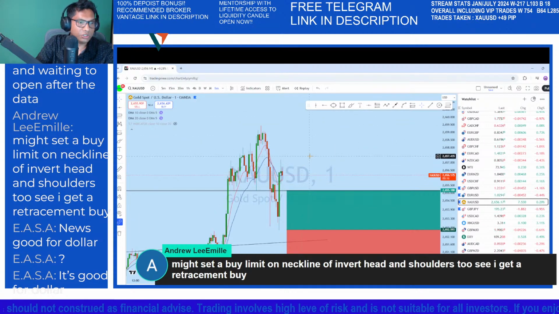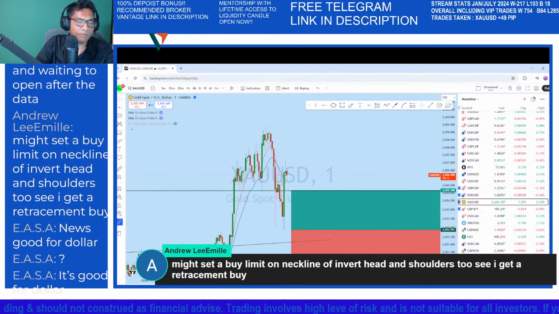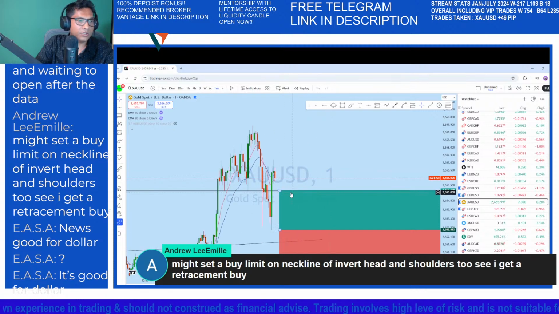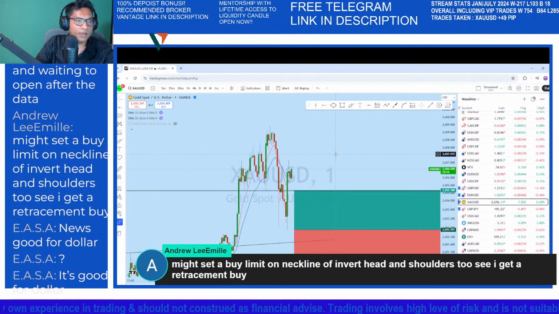For an entry opportunity, we'll be waiting for a very nice looking bullish price action. Then we can go for that entry opportunity. We'll be waiting for a better opportunity here. As soon as we find it, we will be entering into the trade.